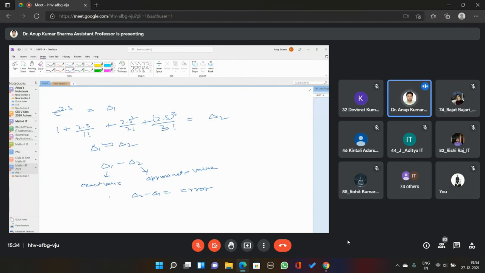That term is added to the Taylor's expansion, because we cannot go to the infinite case. Convergence and divergence are other things in sequences and series. We are talking about this expansion.